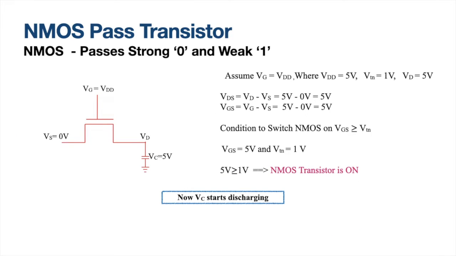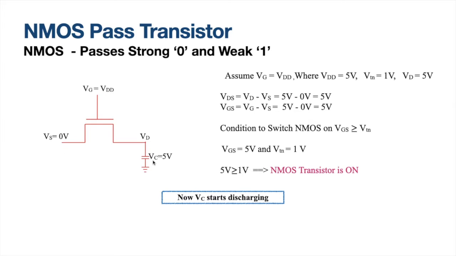Now, let us understand how it passes strong 0. For the same figure, Vg is equal to VDD as we assumed already. Right now, we want to pass strong 0. Therefore, input should be 0 volts. So, it is 0 volt. Let us define whether this is source or drain in a few seconds.